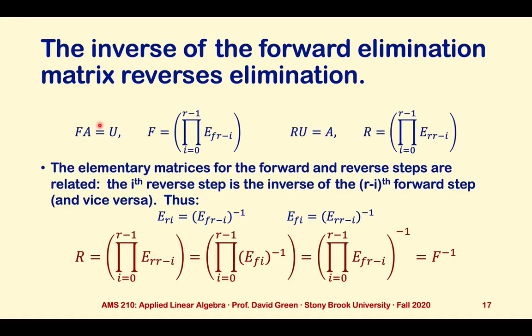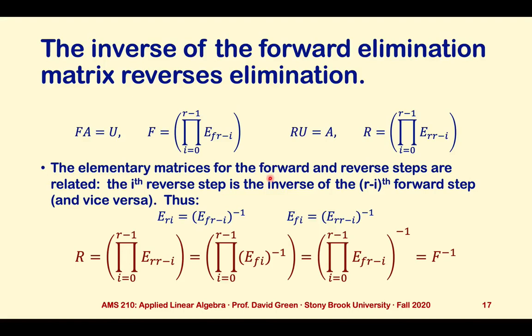Now, we have our forward expression. F operating on A takes us to U. R operating on U takes us back to A, both of which we can express as this product of the forward or reverse elementary matrices. But we have already noted that each of these individual elementary matrices are related by a matrix inverse. The elementary matrices for the forward and reverse steps for any given step are inverses of one another.